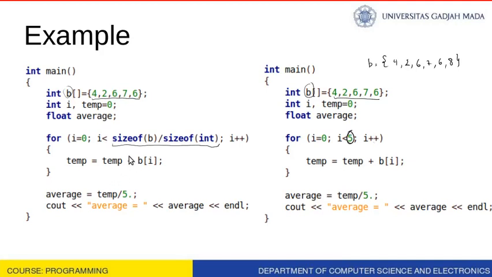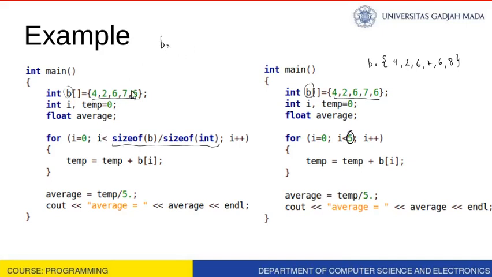Therefore, we can make it flexible, just like this. So this is the size of B divided by the size of integer. So how does it work? Here the size of B means the total memory used by B. So what is the total memory used by B?